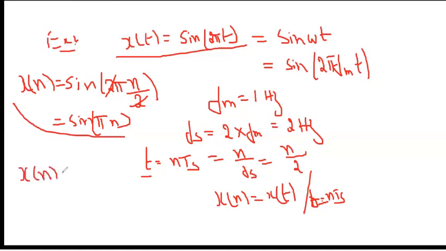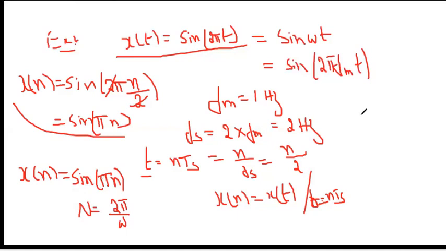Okay, x of n is equal to sine pi into n, comparing with sine omega n. For sine omega n, the fundamental period N is equal to 2 pi by omega. That is the fundamental period for the discrete function sine pi n.